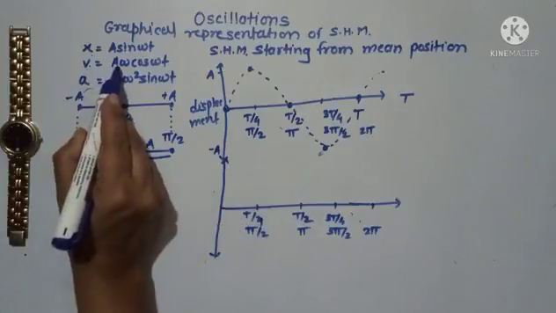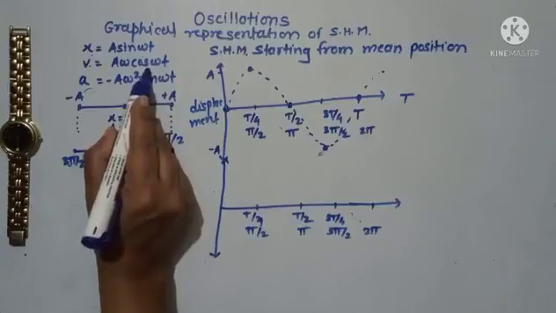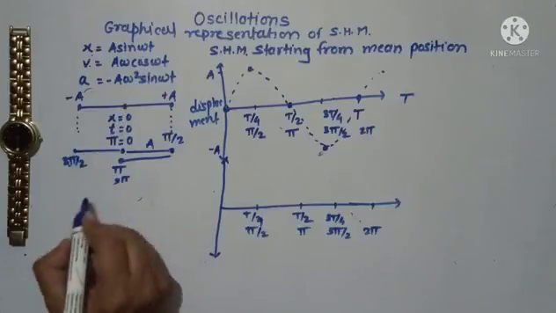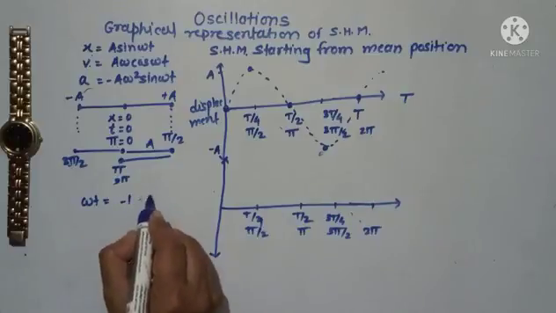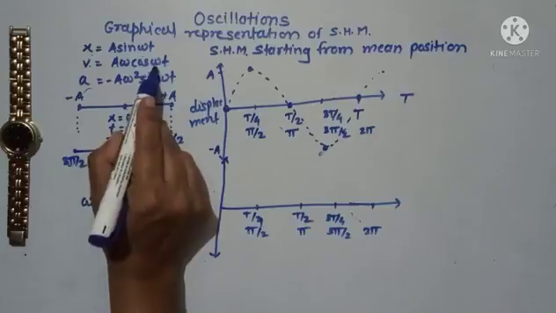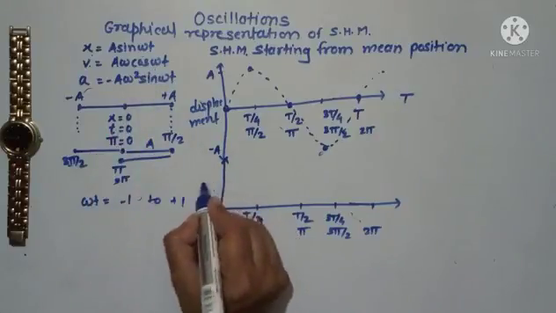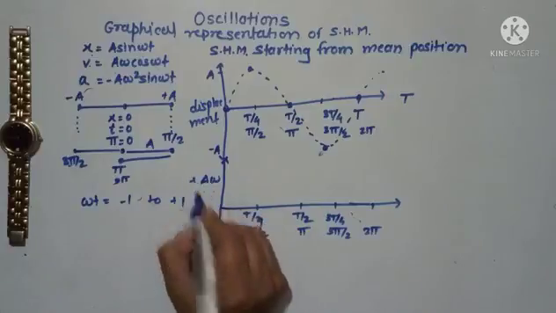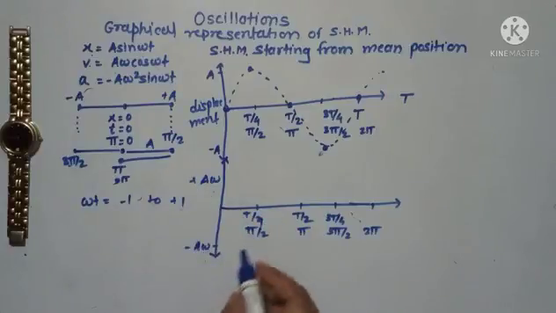Now the velocity maximum value will be a omega, as it is a cos wave. Okay, so the cos wave, we know that cos omega t will take the values from minus 1 to plus 1. But as it is a cos wave, cos 0 is not equal to 0, so it will start from maximum a omega. So here it will be plus a omega, here it will be minus a omega.